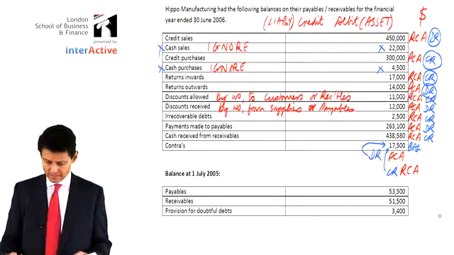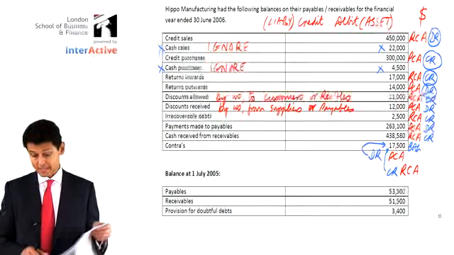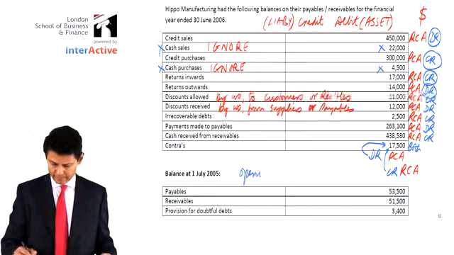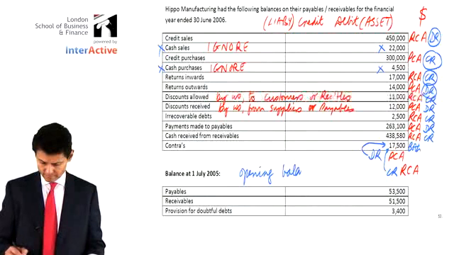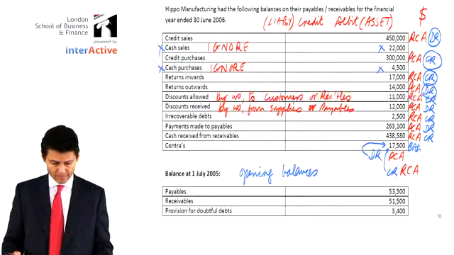It's cancelled. The balances given to you lower down the page appear to be opening balances. So do be careful of the date. These are opening balances. Be very, very careful with that.